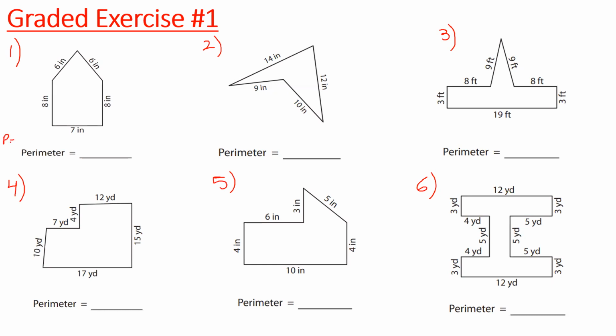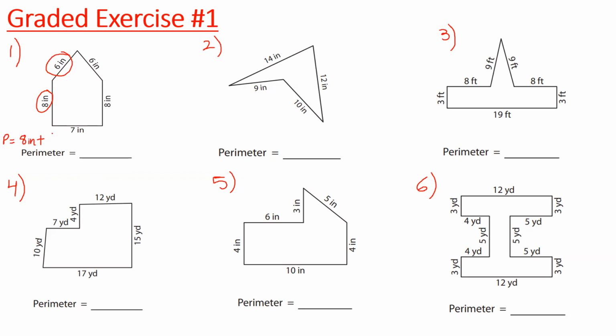Wait, the perimeter is 35 inches. You got 35. So how did you get that? I add up all the sides. So 8 inches plus what?